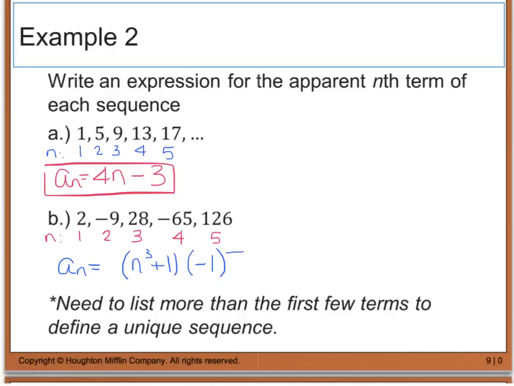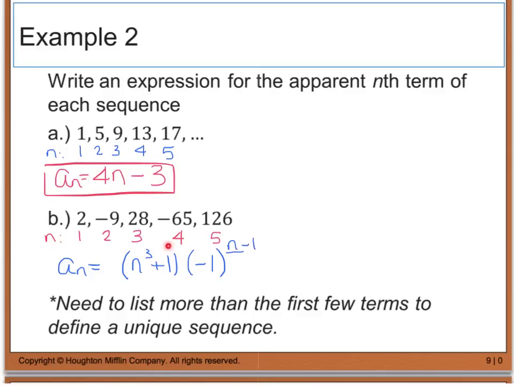If I raise the negative 1 to an even power, it will make it a positive number. So in this case, if I go negative 1 and raise it to the power of n, and let's use the example of 2 here for n, negative 1 squared is going to give me a positive number. So I can't have n, but I can make this n minus 1. So now if I plug in a 2 for that n value, I'm going to say negative 1 raised to the power of 2 minus 1, which is 1. Negative 1 to the first power is still a negative 1.